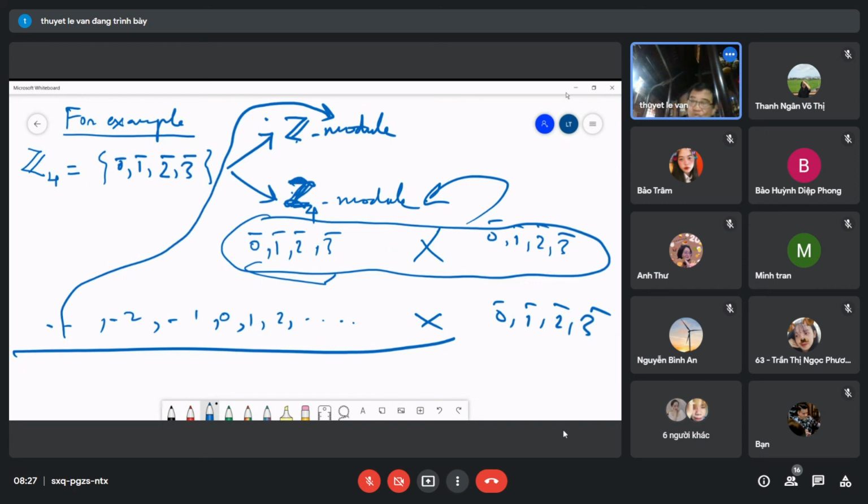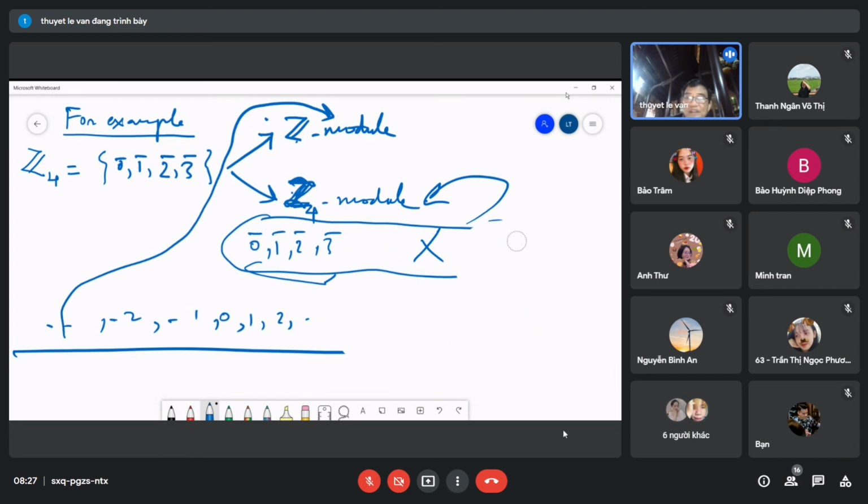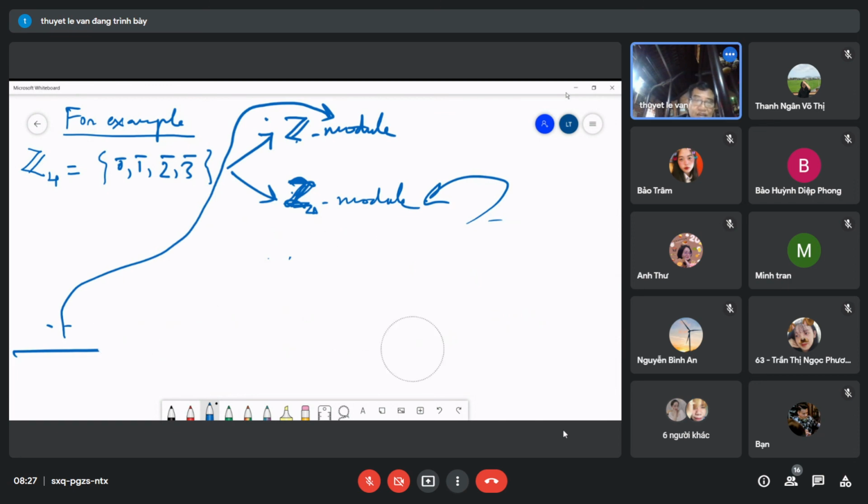There are two. This difference leads us to the difference in, for example, dependent and independent.